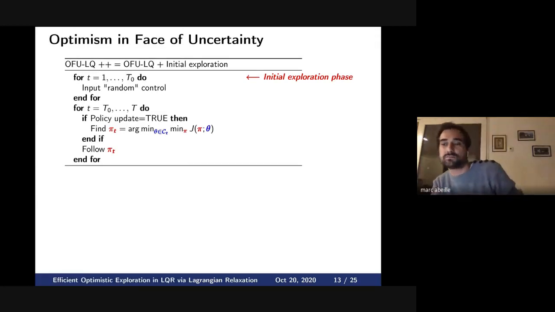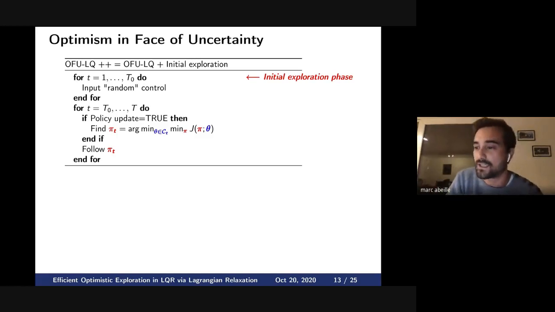This is an initial exploration phase of constant length, which is here to ensure that the state will remain bounded over the learning process. This is what I hinted at the very beginning of the presentation. Ensuring state stability is crucial in the LQR setting, because otherwise the state can grow exponentially fast, leading to dramatic degradation of the performance.